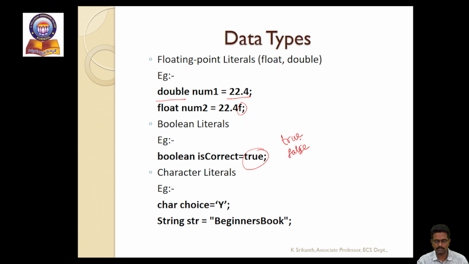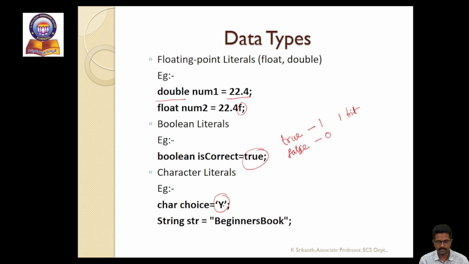Generally the values look like strings, but they are not strings, they are integers. True is treated as 1 and false is treated as 0, which needs 1 bit of memory to work with booleans. When it comes to character literals, the literals should be placed in single quotes.